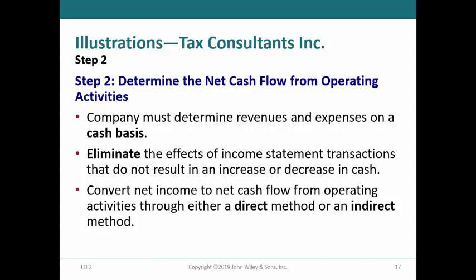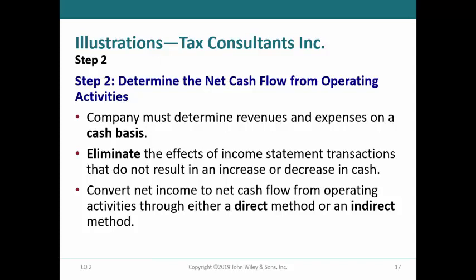It is important to remember that net income per GAAP is determined on an accrual basis. And as we mentioned in a previous slide, the statement of cash flows provides the information on the revenues and expenses on a cash basis. Therefore, we need to eliminate all of the effects on income statement transactions that do not result in an increase or decrease in cash.